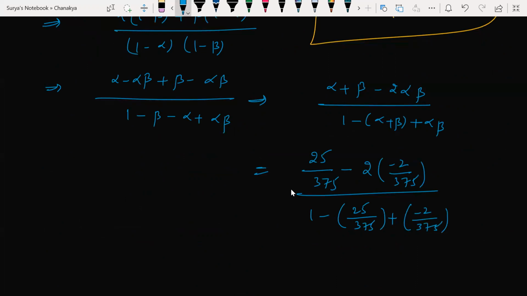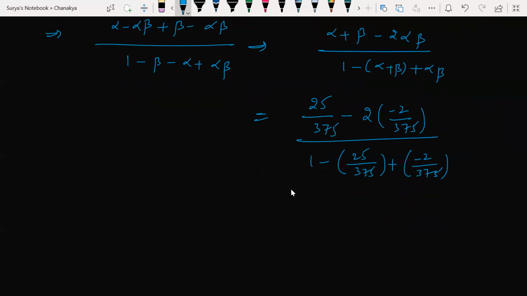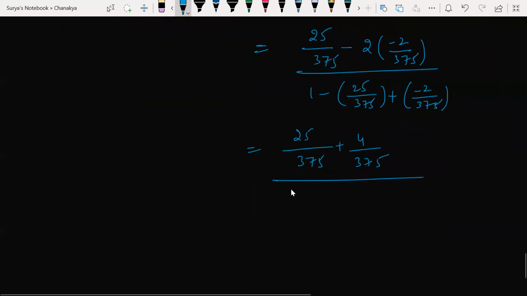That's it. So simplify it, you will get the answer. So what is the answer going to be now? The LCM is 375, so 375 minus 25 minus 2, divided by 375. This will get cancelled now.